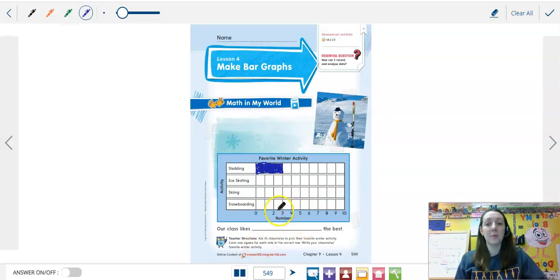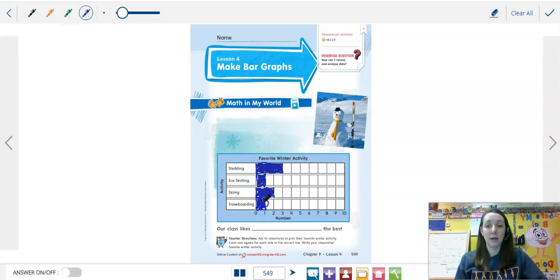Okay, let's say only one person said ice skating, so I'd only color in 1 square, right? Let's say 2 people said skiing, so I color in 2 squares. And let's say snowboarding, only 1 person said, so I'd color in 1 square.